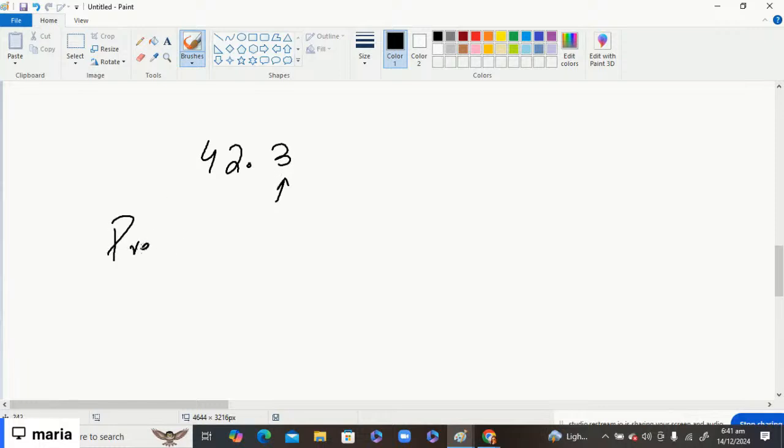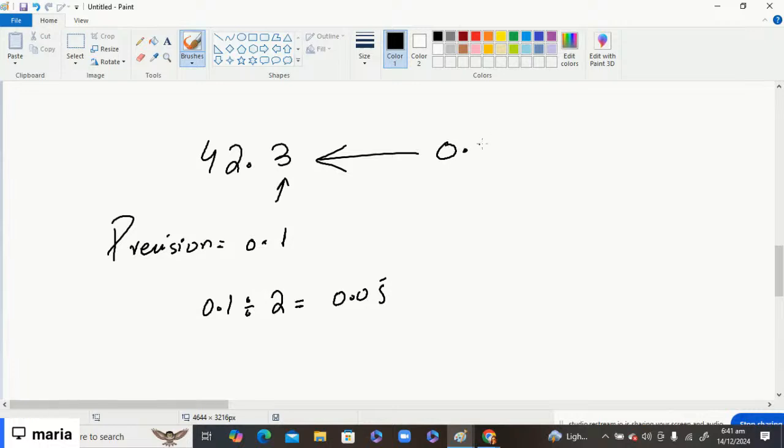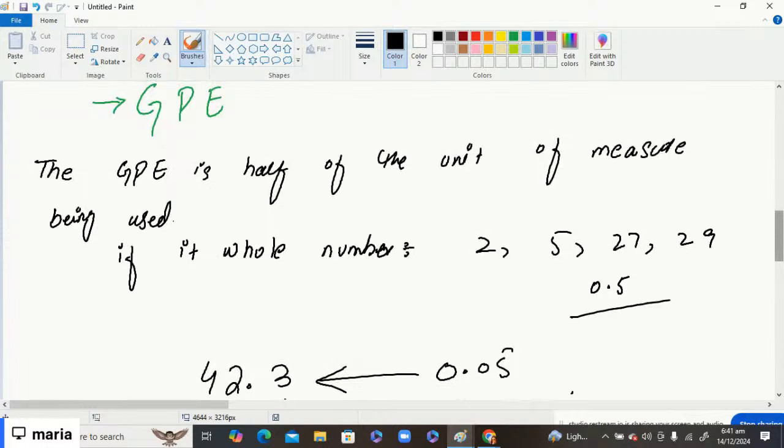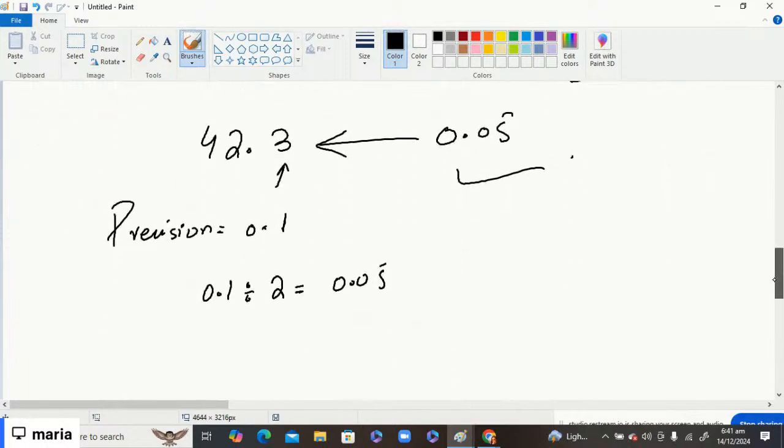The precision is 0.1, and 0.1 divided by 2 is 0.05. This is the way to find the greatest possible error when a decimal is involved. For the whole number, it's only 0.5.